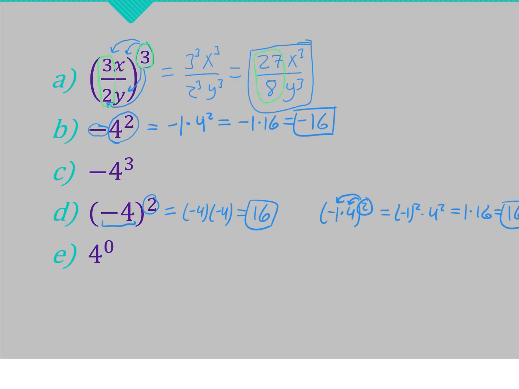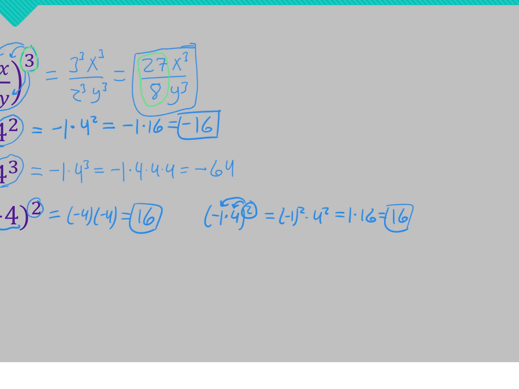All right, same thing with example C. If I had -4 to the third power like this, my 4 is the base, not the -4. So this is the same as -1 times 4 to the third power. So -1 times 4 times 4 times 4. All right, which is going to get me -64. But similarly, think about what we said earlier about negative bases and odd exponents.